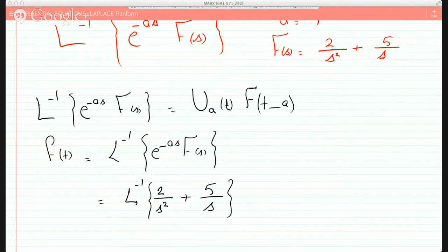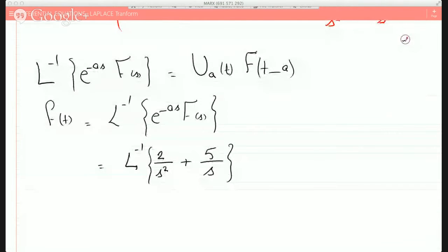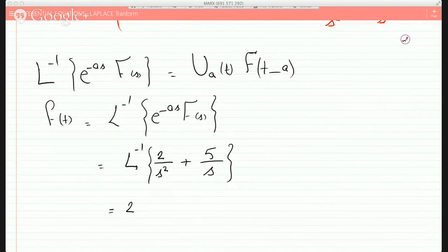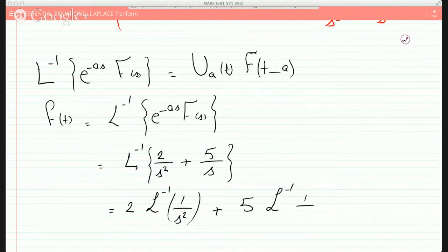You follow? One of the properties of the Laplace, you can bring the constant out. And this is a linear combination of two different inverse Laplaces. So I could say this is the same thing as 2 times inverse Laplace of 1 over s squared, right? Plus 5 times inverse Laplace of 1 over s.